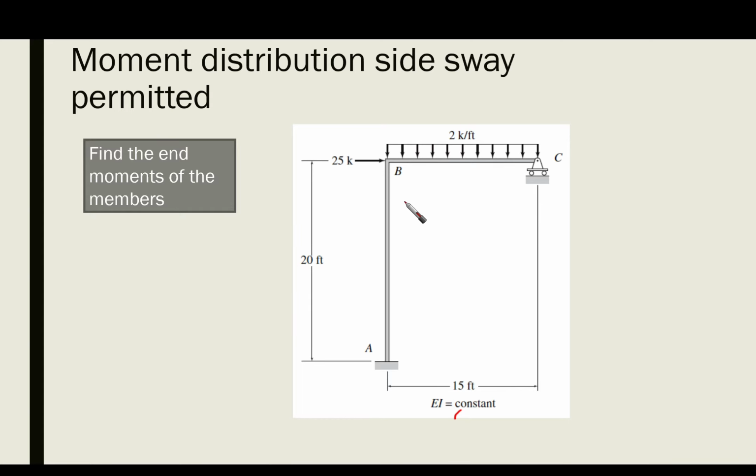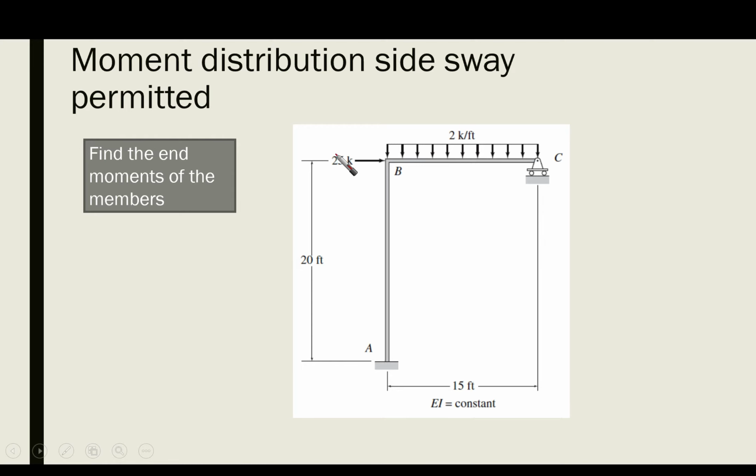As you can see here, we have the first example. It is a frame with 20 feet height for member AB, fixed at the bottom at point A, and it has span BC, which is loaded with 2 kips per foot, and at point C it is a roller.